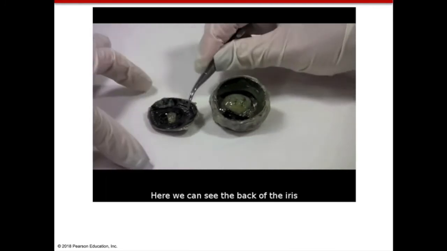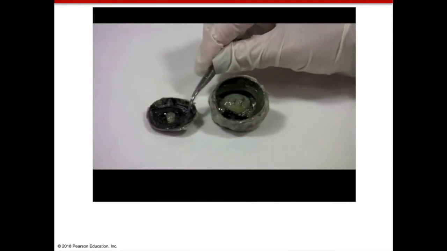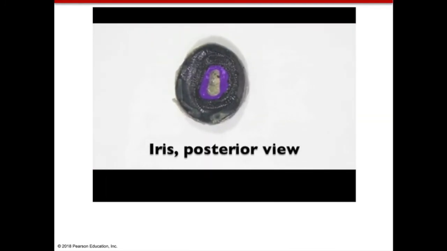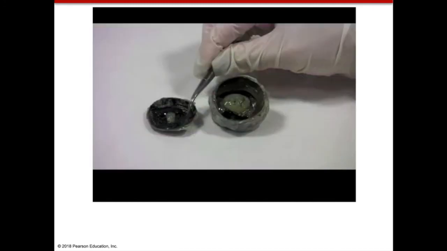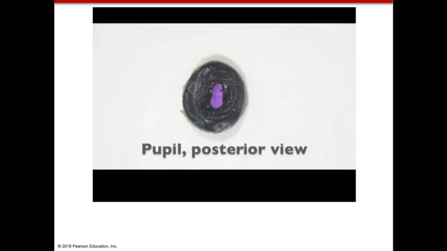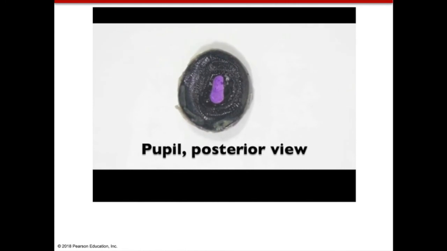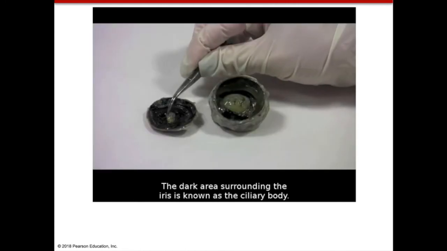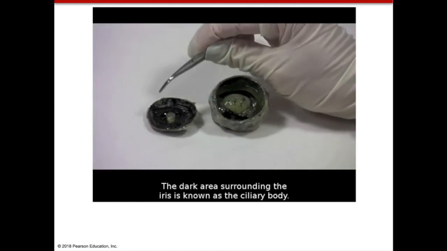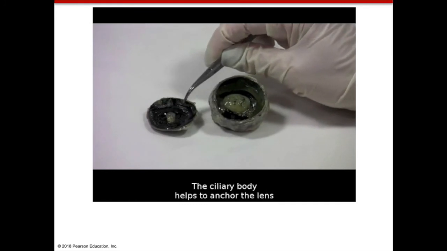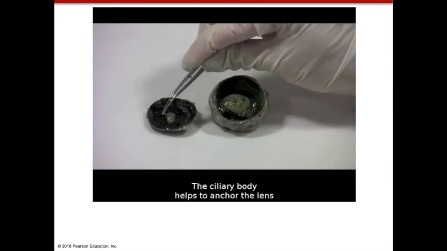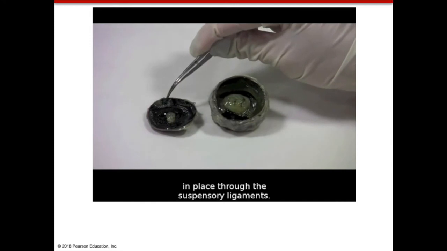Here we can see the back of the iris and the pupil. The dark area surrounding the iris is known as the ciliary body. The ciliary body helps to anchor the lens in place through the suspensory ligaments.